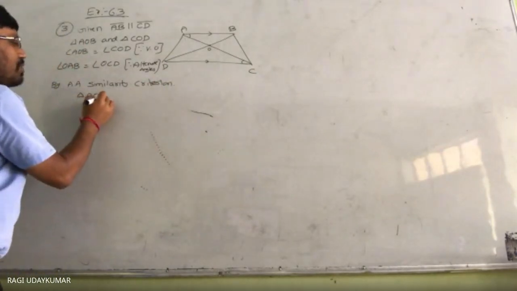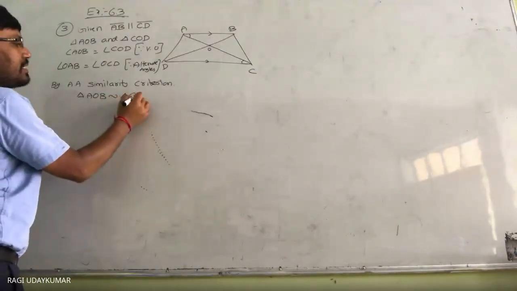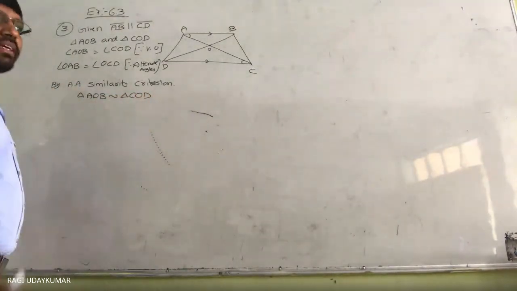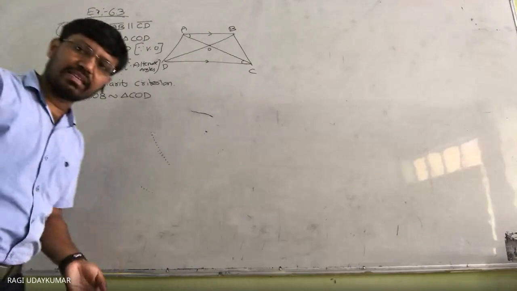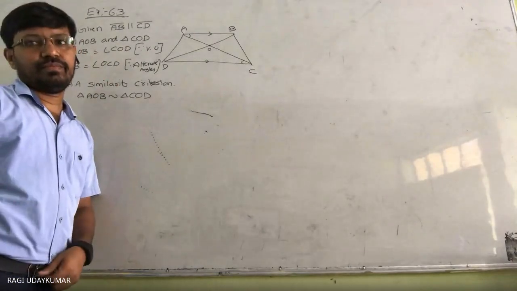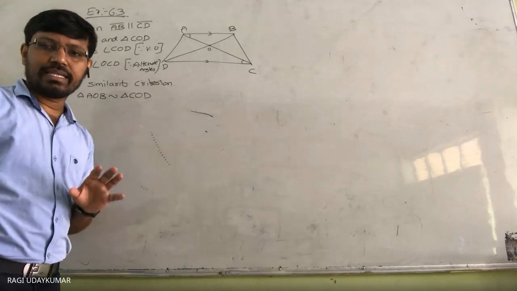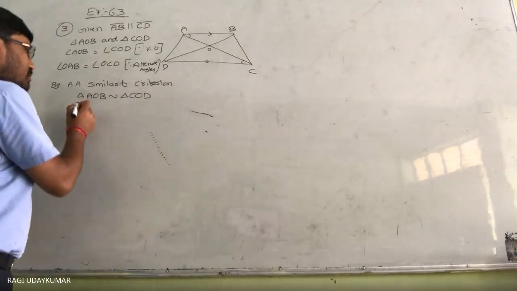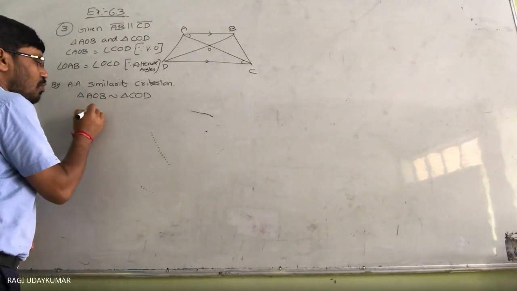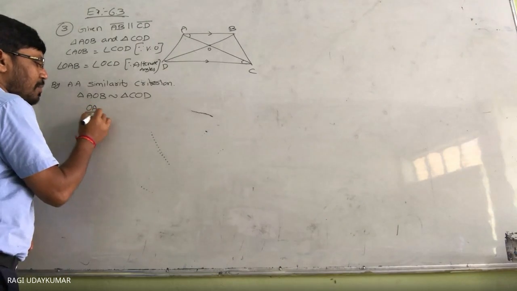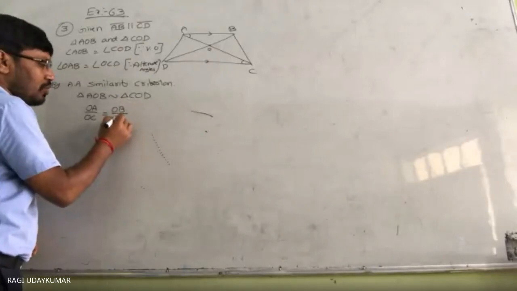Triangle AOB is similar to triangle COD. When two triangles are similar, their corresponding sides are in proportion. So the corresponding sides give OA by OC is equal to OB by OD.